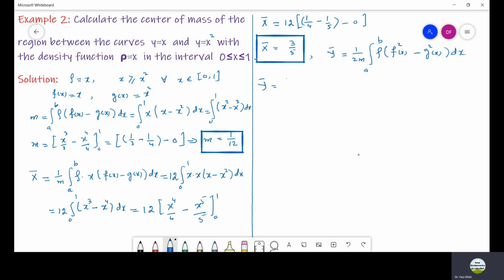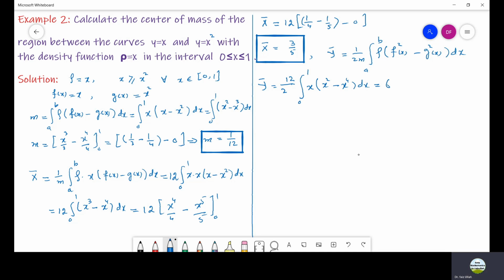Now putting the values, we have 1 over 2 into the value of m, which is 1 over 12, so we can write 12 here. So this is 12 by 2. Limits are from 0 to 1. The value of rho is x. Now f of x is x, so x square here, and minus g of x square, which is x power 4, into dx.